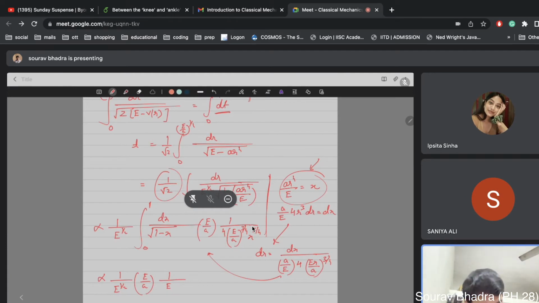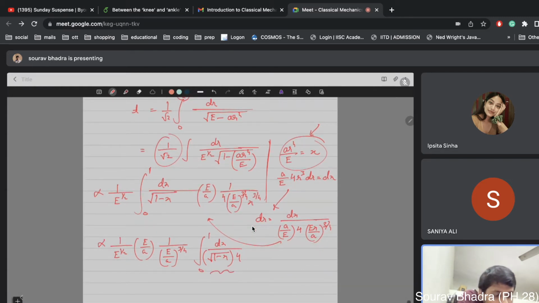Now 1 E by A is here, 3 by 4, and all the other terms, dx by 1 minus x, and there was a 4 also, I think. Now the point I was trying to make is that it will give you a numerical value.